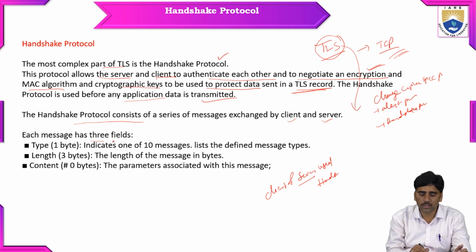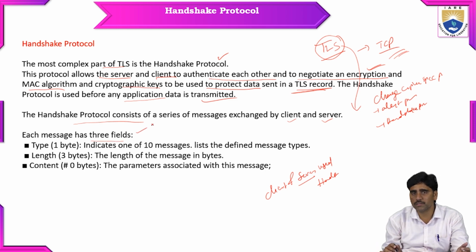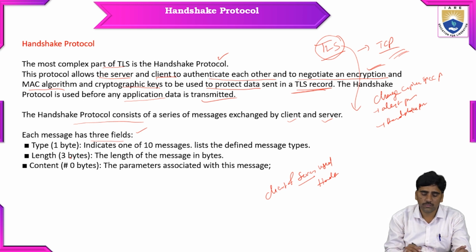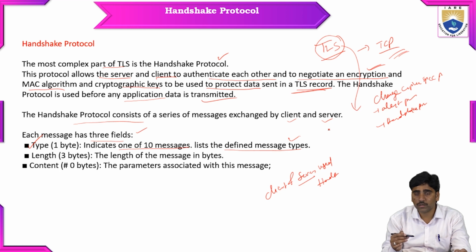Each and every message has three fields. The first one is the Type field. It indicates one of the 10 defined message types, so what type of message it is.